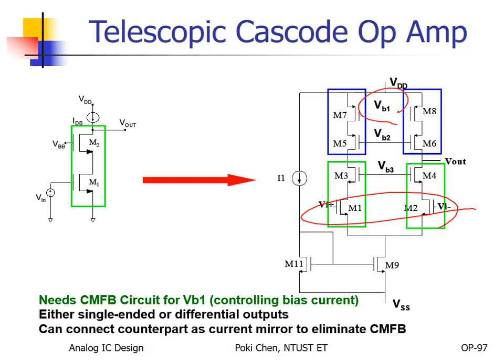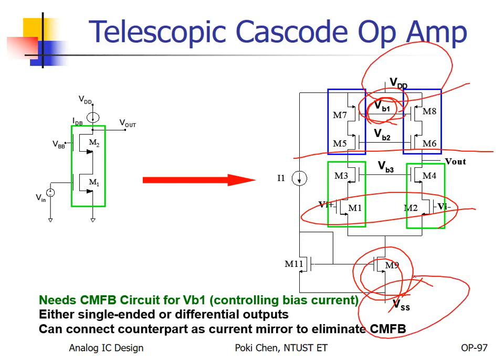Because this one is fixed from your design. After fabrication, if there's something wrong, you need to fine tune this to balance the power of here, right? To make what? Vout plus and Vout minus average to the voltage in the middle of your power rails, just like the rails for the train.